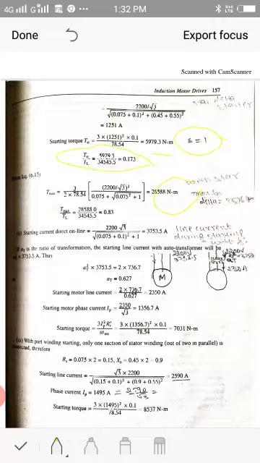Okay, so for motoring operation only the plus term is going to come. Now I need to express this Tmax as a fraction of full load torque, so it will be equal to 0.83. Okay, so this is about star delta starter, starting current and torque.